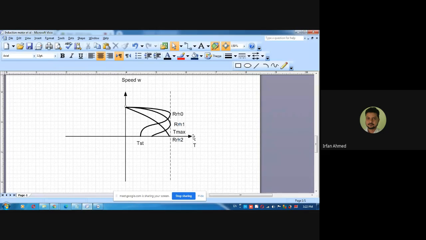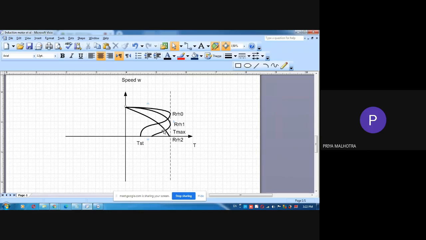Okay. So my first question, does any induction motor or does any AC motor use this characteristic for working? Have you seen this characteristic before?